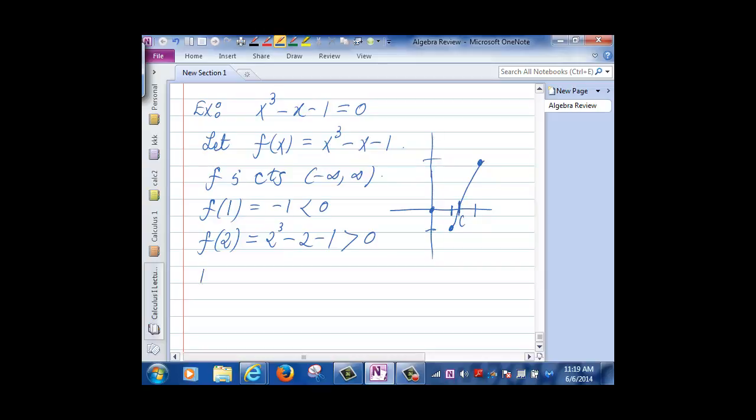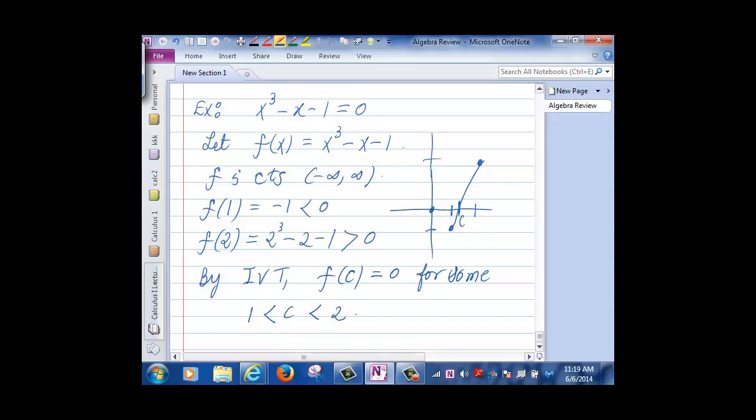So by the intermediate value theorem, f of c is equal to 0 for some c between what? The value at 1 is negative, the value at 2 is positive, so c has to be in between 1 and 2.